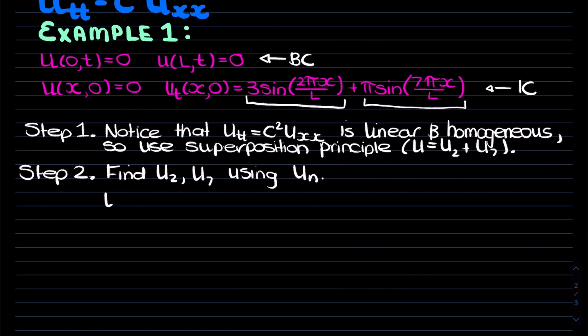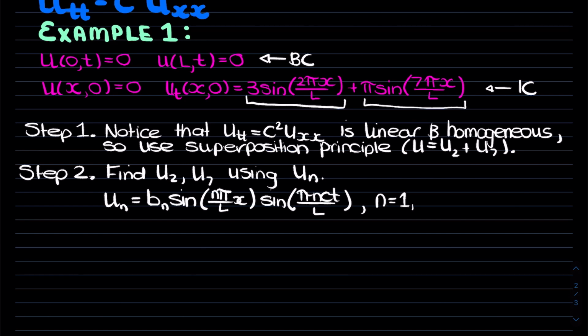But if you recall, and you should be able to find u_n anyway if you're watching this, u_n = b_n sin(nπx/L) sin(nπct/L) for n = 1, 2, and so on. So that's our u_n. Now, this u_n already encapsulates the three homogeneous conditions. What we're just focusing on is that last non-homogeneous condition.